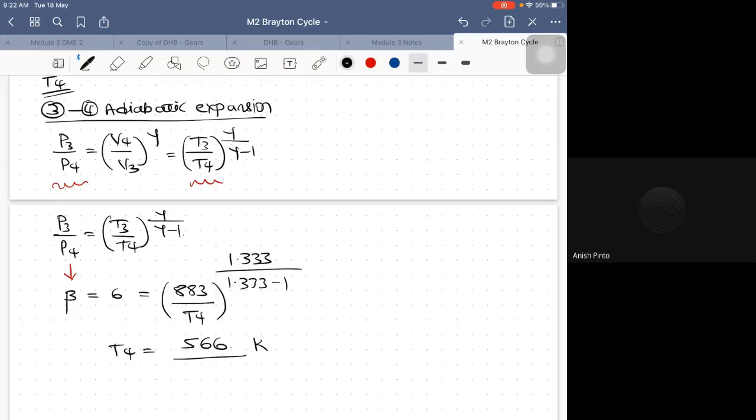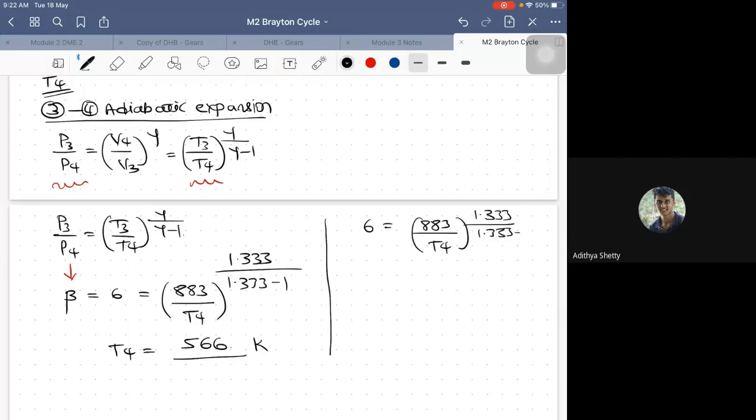You can just solve this simply. Apply ln on both sides. So 6 is equal to (883 divided by T4) whole to the power of 1.333 divided by 1.333 minus 1. Now, ln of 6 is equal to ln of this whole thing.